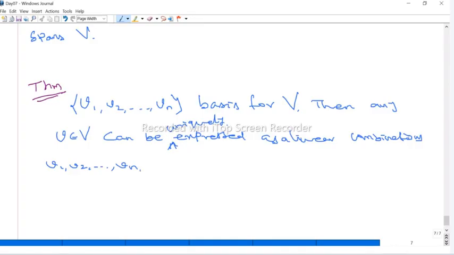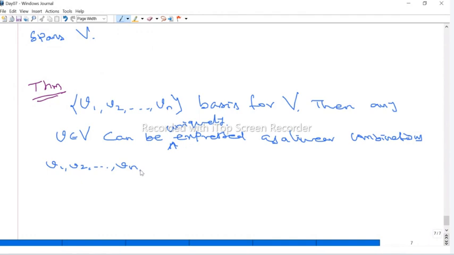Even we can say it's an if and only if. Any vector can be uniquely expressed as a linear combination of some set of vectors v1, v2, etc., vn; then we say the set of vectors is a basis. If it is a basis, then any vector in V can be uniquely expressed as a linear combination of the vectors. That is if and only if.